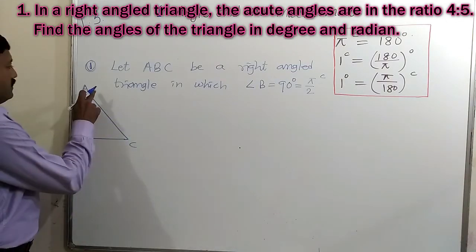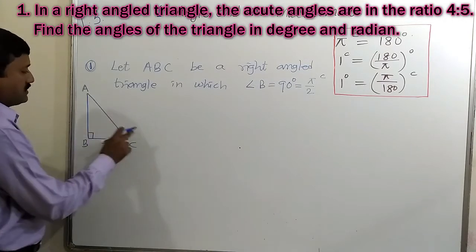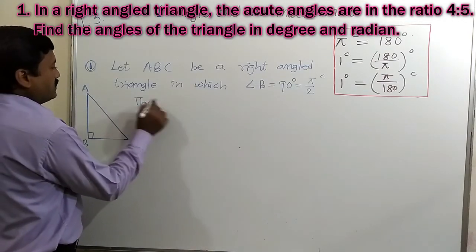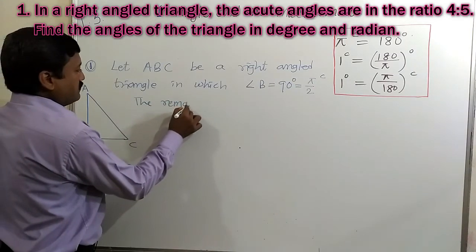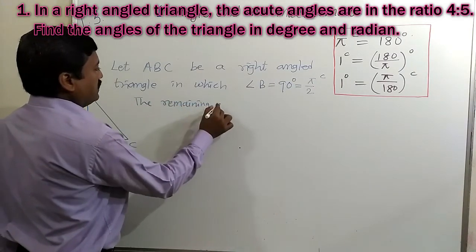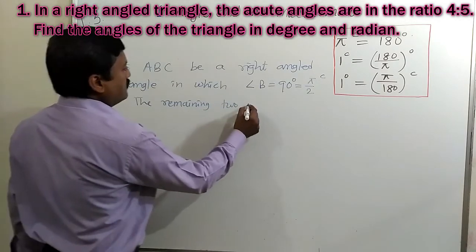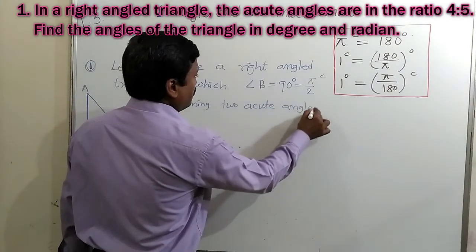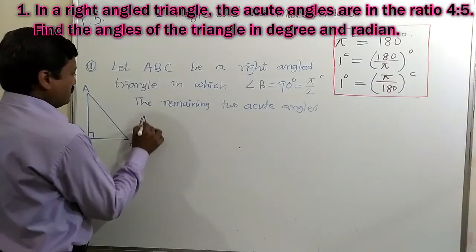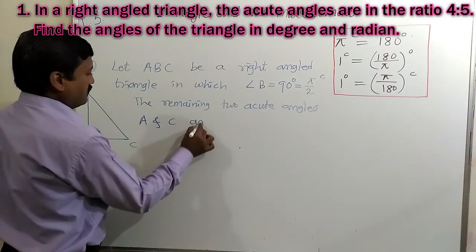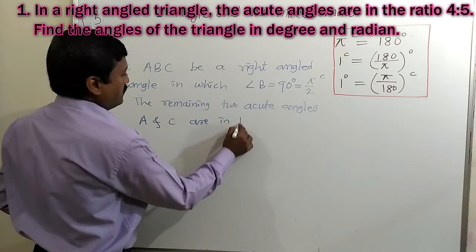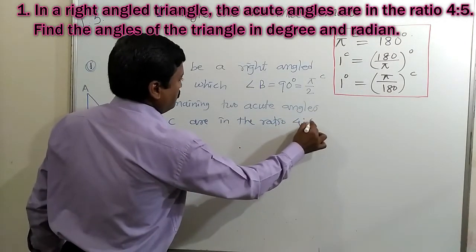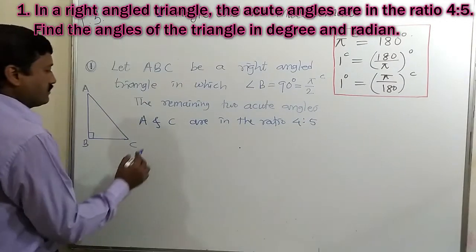Then the remaining two acute angles, A and C, are in the ratio 4:5.